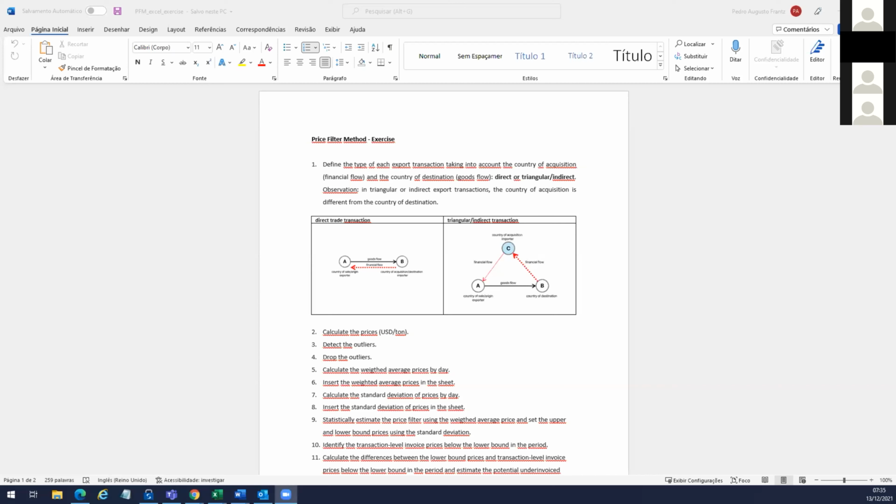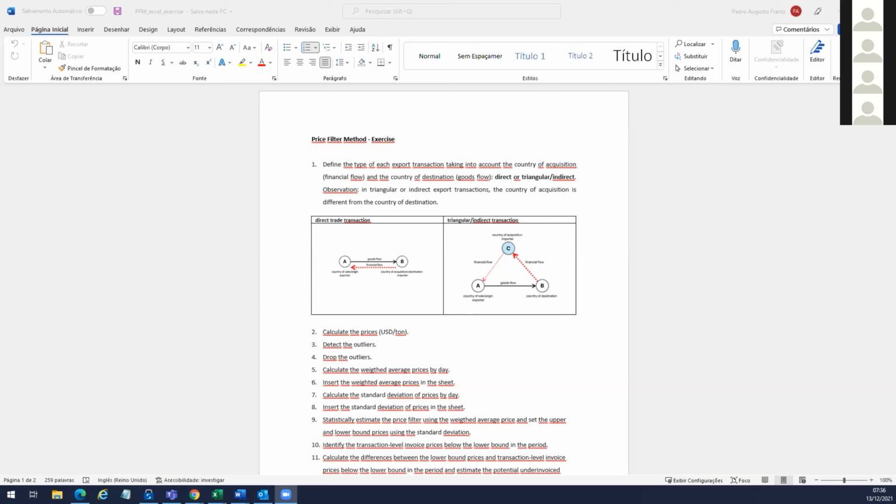Well, the next step is the Excel exercises. I will show you the steps of the exercise and give you time to do the exercise, and then I will do the exercise myself, because I think it's important for you to try to do this and fix the concept. I don't know if all of you have Excel, but the exercise is in Excel.